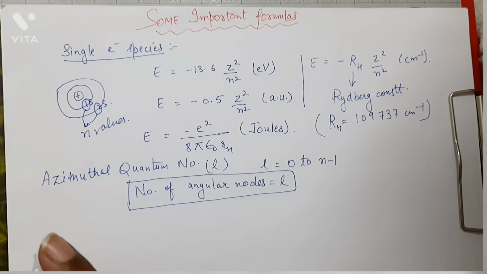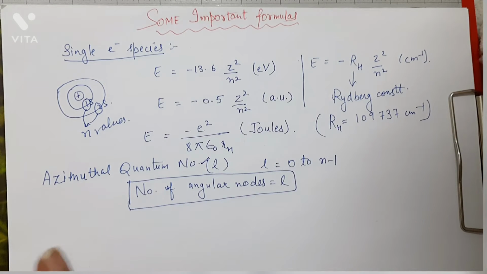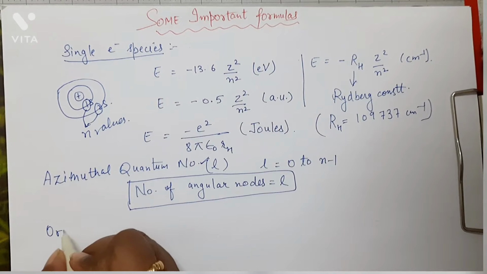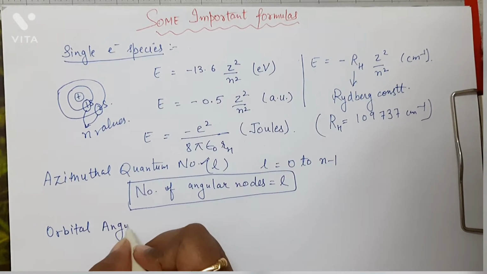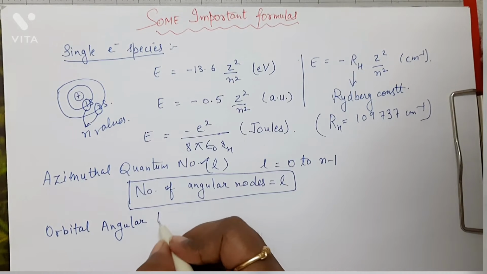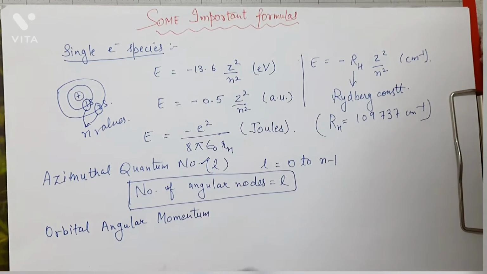Now, if you know this value of the azimuthal quantum number, you can also find out the orbital angular momentum, which is denoted by capital L. So you can find out the value of L also.